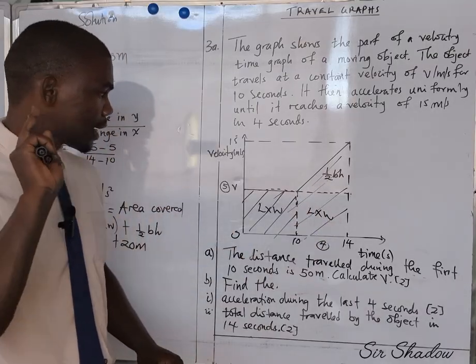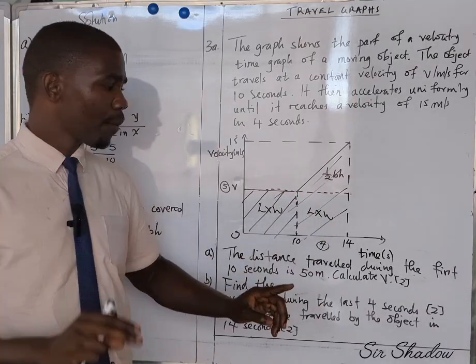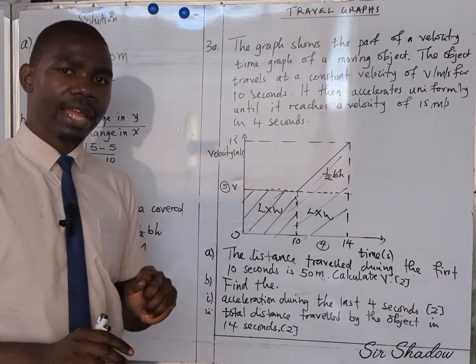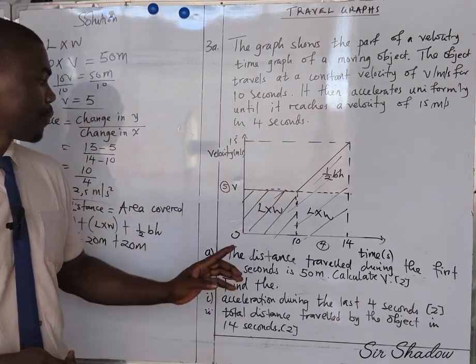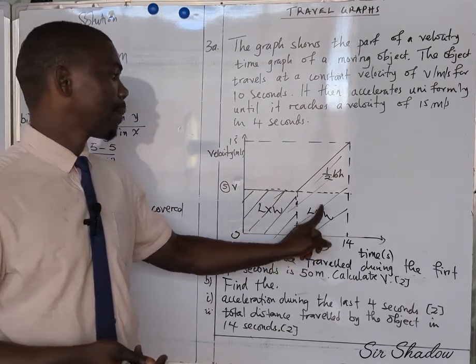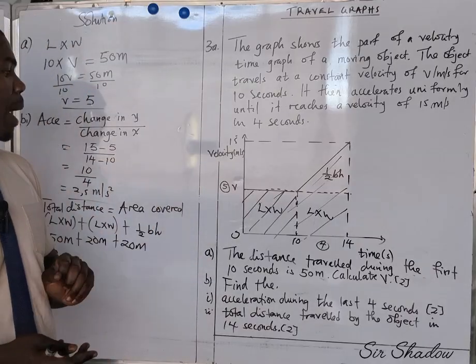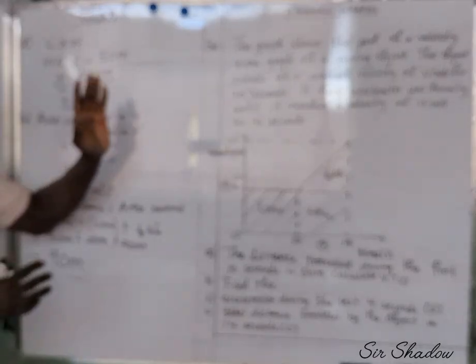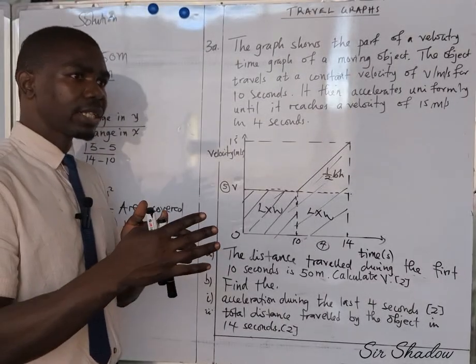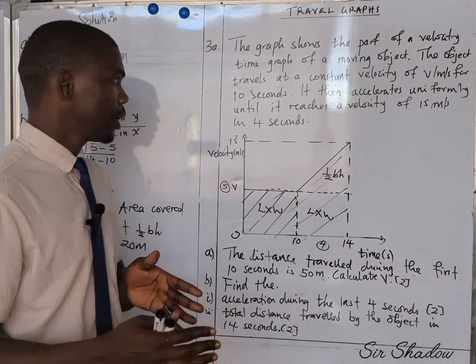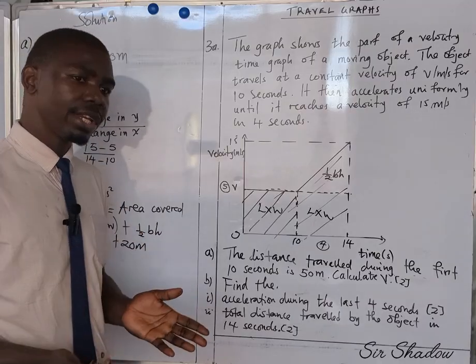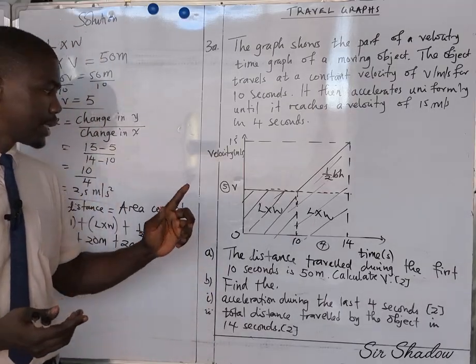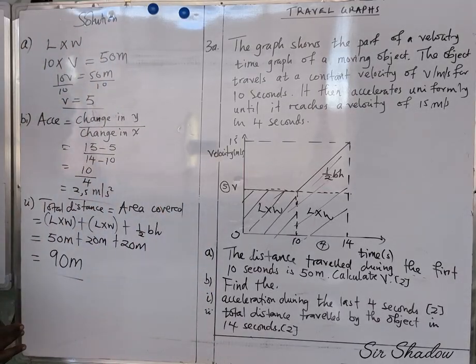You form a square and a triangle, or a rectangle and a triangle. You add this area plus this area plus this area. Then you come up with the distance covered. So basically, to do with travel graphs, this is what you are supposed to apply, whether you are asked to find the acceleration or deceleration.